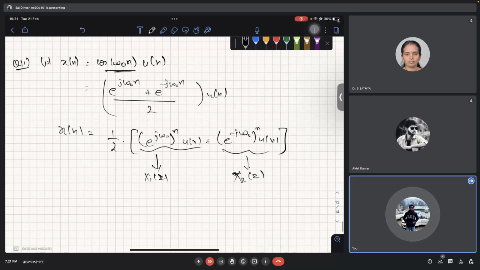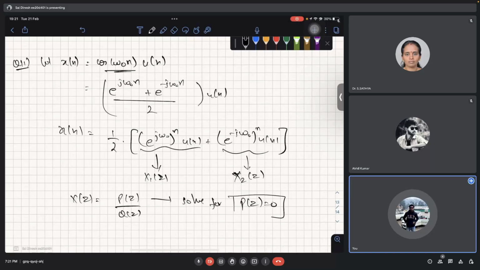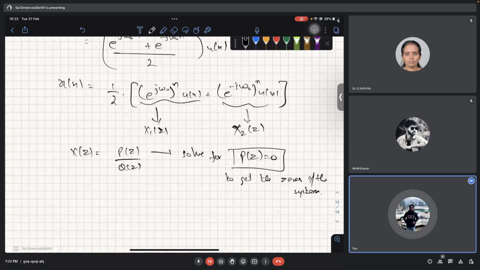And then the final X of z, you write it as p of z by q of z, and then solve for p of z equal to 0 to get the zeros of the system. This is how you go about it. Once you expand this, you know how to find the z transform for a system like a power n u of n.